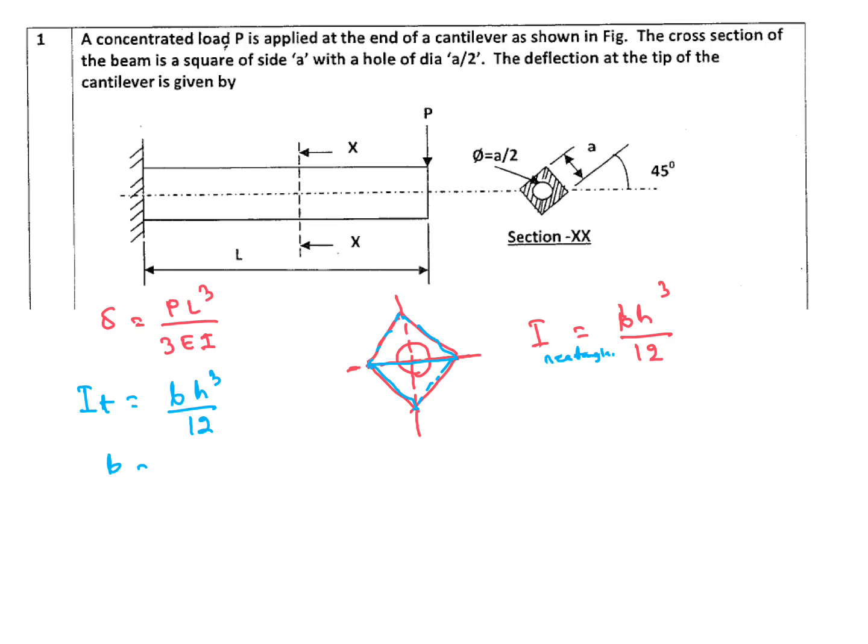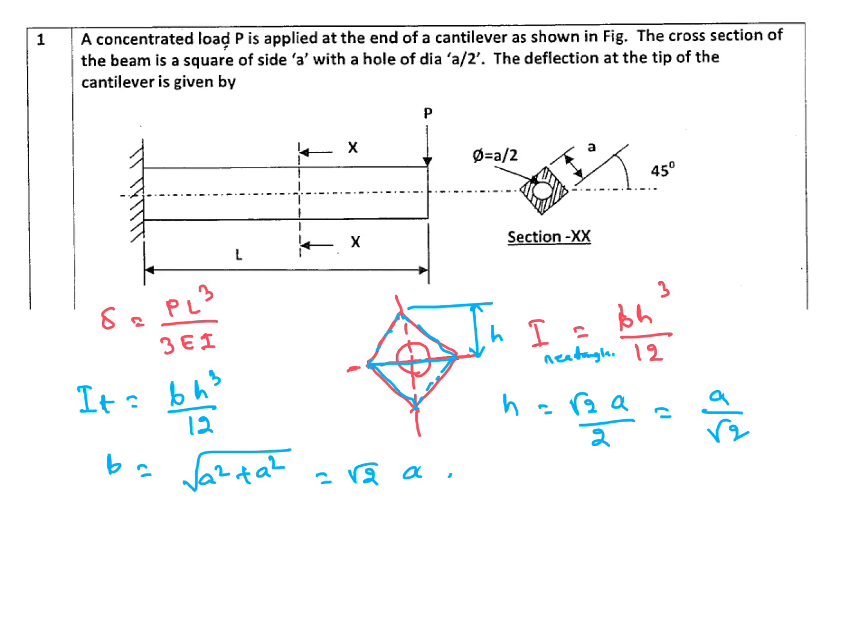Base equal to square root of a square plus a square, how much it will come? Root 2a. And your h equal to this height, which is h. H equal to a by 2, a by root 2.